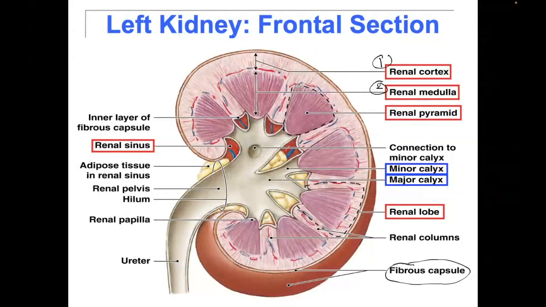That's this region. When we give this the pyramidal shape, like a triangle or a pyramid, then we call it the renal pyramid. Between each pyramid, let's call this number 4, are the renal columns. The renal columns are in between each pyramid.